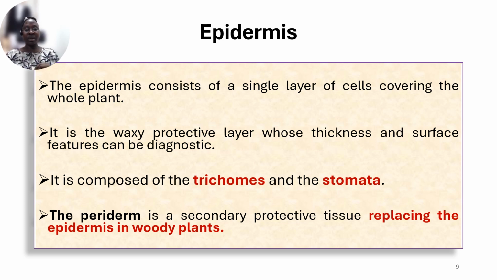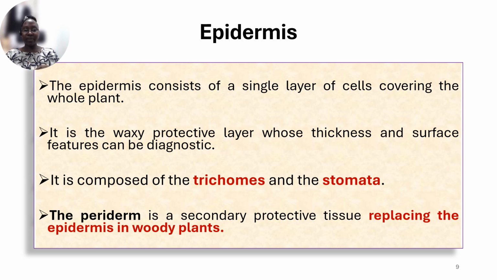The epidermis is mainly composed of two, the trichomes and the stomata. But all these are within the epidermal cells. We are going to see about epidermal cells and how they are specialized to perform specific functions.